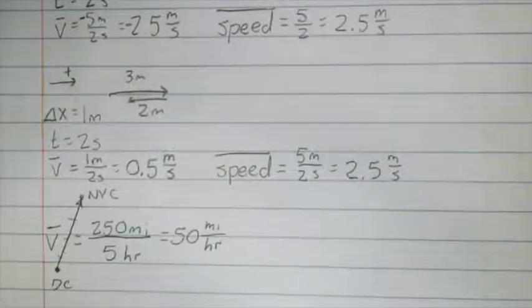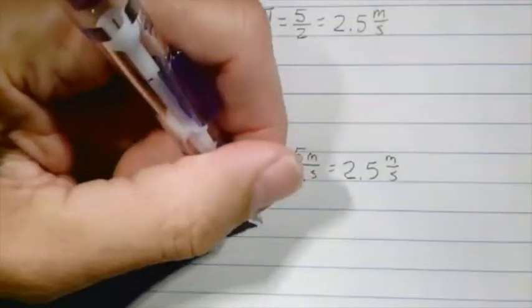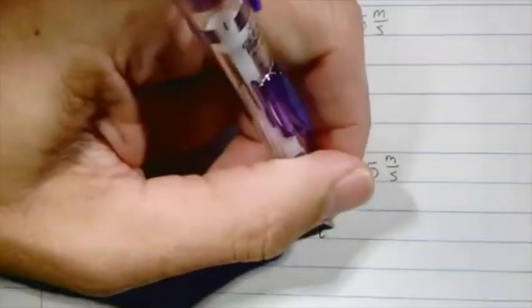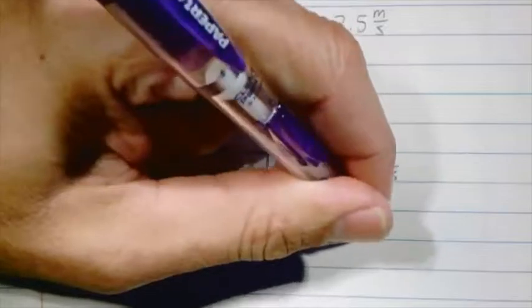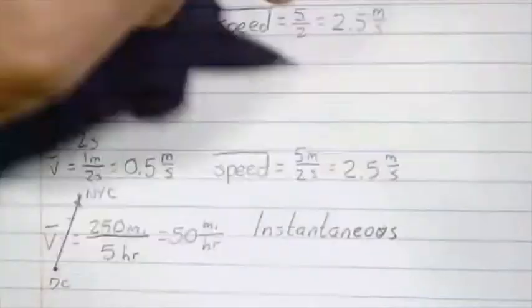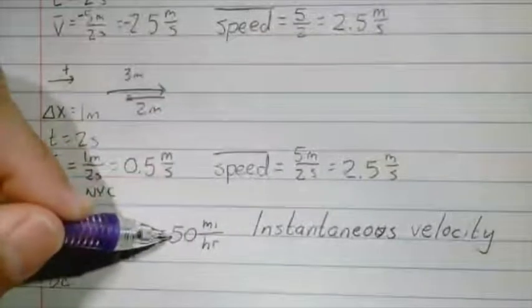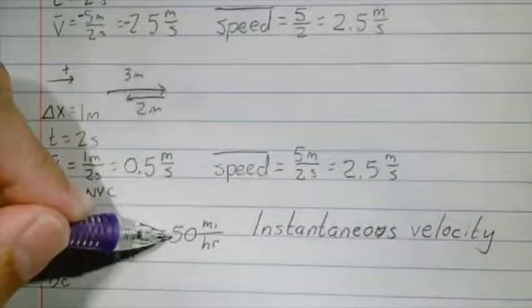So the average velocity may be 50 miles an hour, but at a given instant, your instantaneous velocity may be much more or much less than 50 miles an hour.